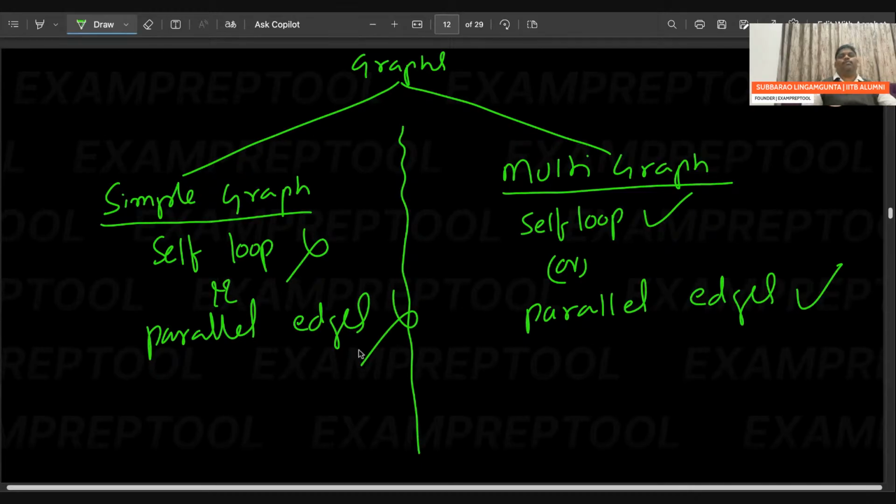If you take A and B, a self loop like this is not allowed, but here it is allowed.